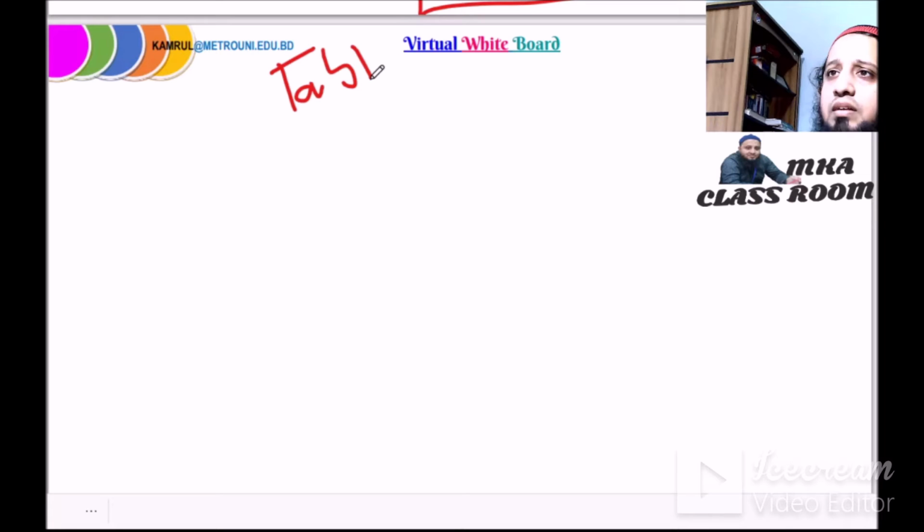Then we can write down the formula for tabular format.